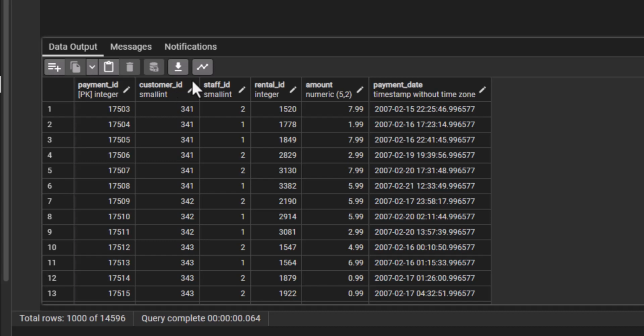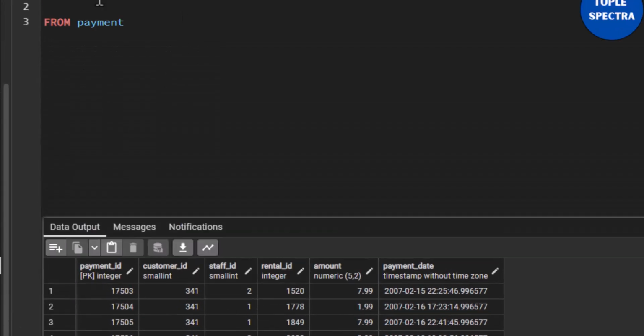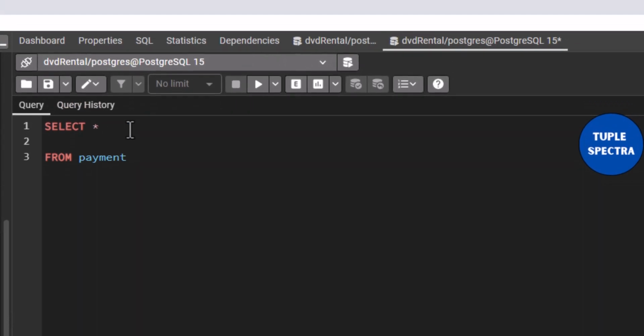Okay, so now we want to get the number of payments made by each customer. That means I'm going to group by the customer ID. And what can I also use to calculate the number of payments? That is payment ID. Remember that for each payment, there is going to be a corresponding ID. Okay, so now what do we do, guys?